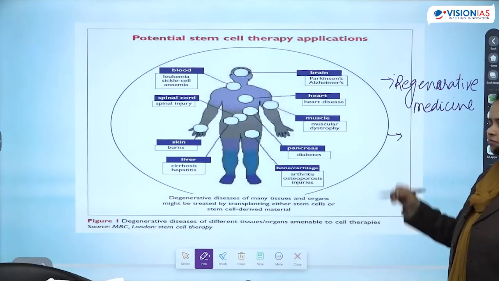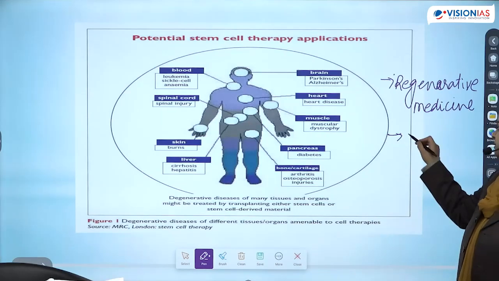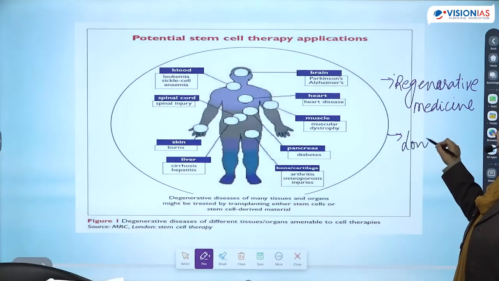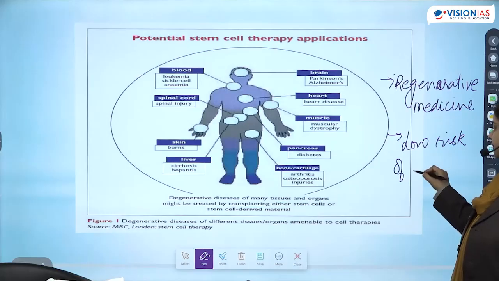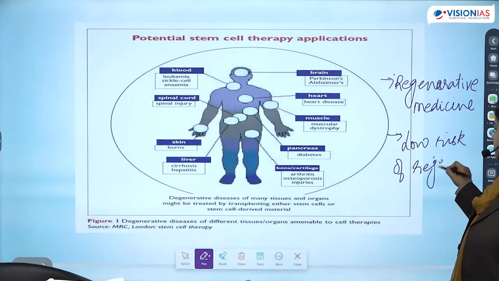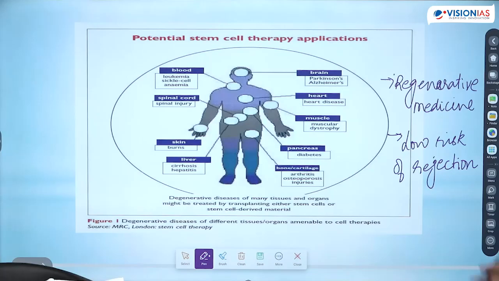And further, if you think of advantages here, if the same person's stem cells are used, this will mean very low risk of rejection. So a regenerative treatment available in cases where otherwise there is nothing else which you can do. Along with this, a very perfect situation of very low risk of rejection. Can you think of any other type of application?